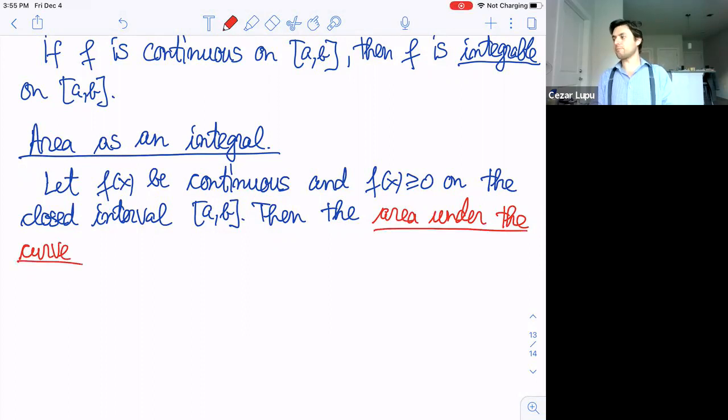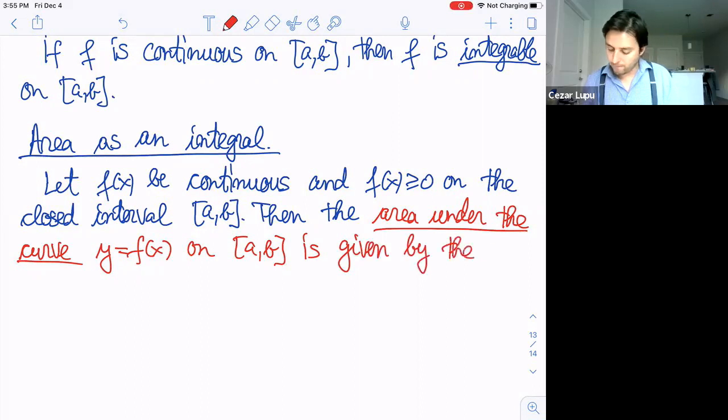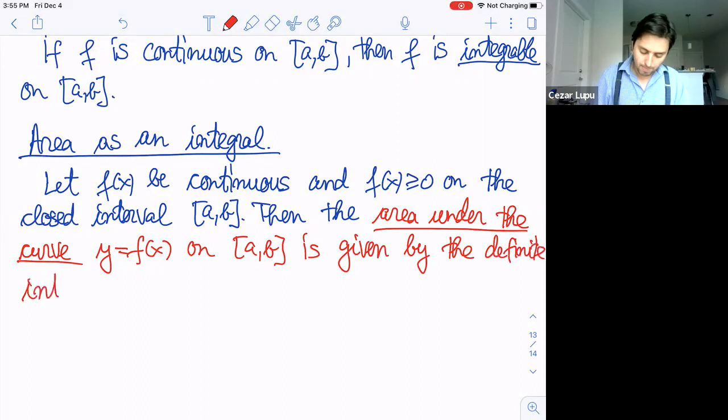y equals f of x on AB, guess what? It is given by the definite integral of f on the interval AB.